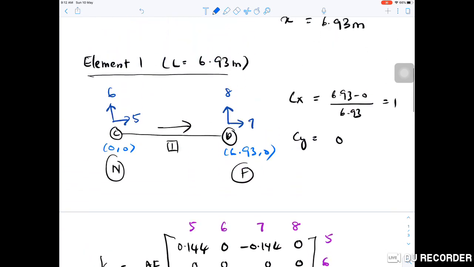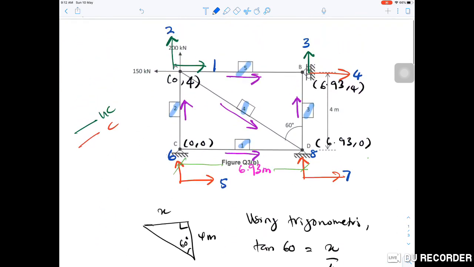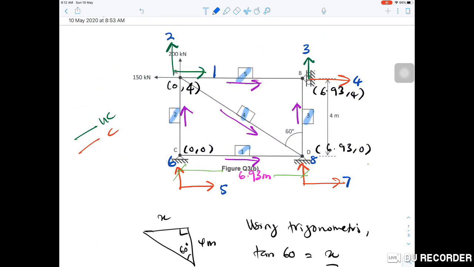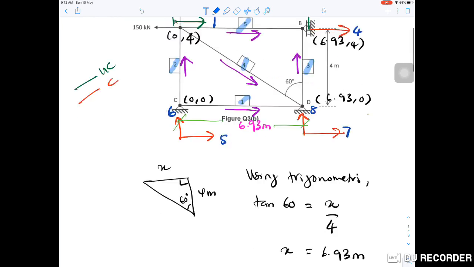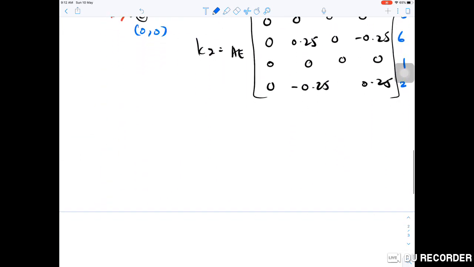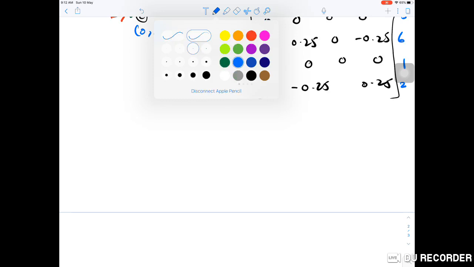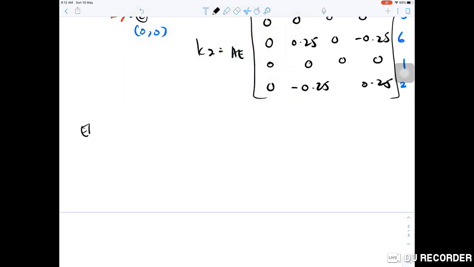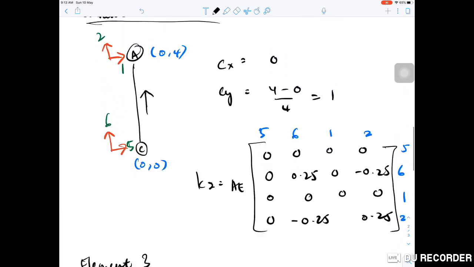Okay, the next step is we will determine the element stiffness matrices for members 3, 4 and 5. For element 3, since it is also a vertical member, Cx and Cy are 0 and 1.